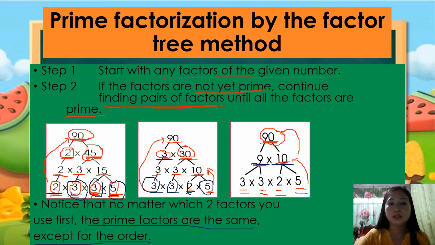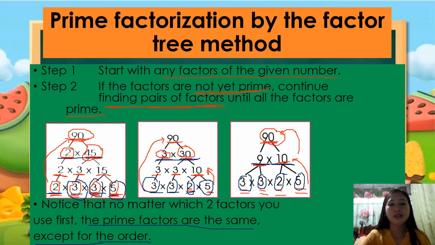As you notice, the prime factors are the same: digit 3 twice, digit 2 once, and digit 5 once. They are the same factors, but the first factors that we use are not the same. Do you understand, class?